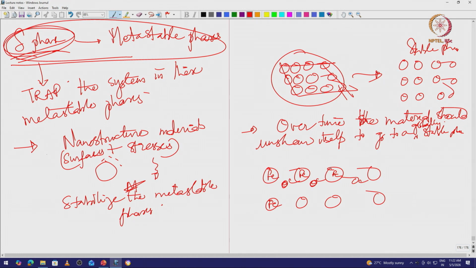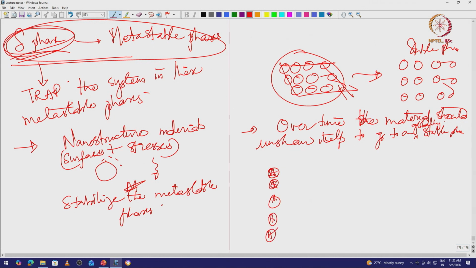No, I want to give you an example of diffusion. I was just giving you all diffusionless transition examples, but let us say I have a material, A, then I have B, then I have A again, and so on.